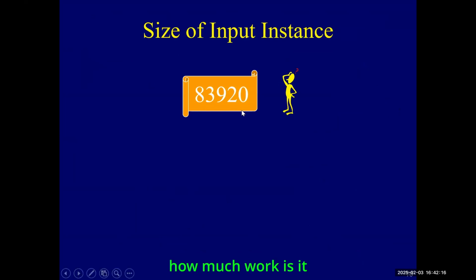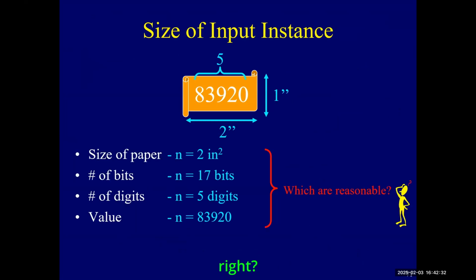How much work is it for me to give you this value? I'm going to say work 5. I give you an 8, I give you a 3. Do I hear a 9? So here are various measures.